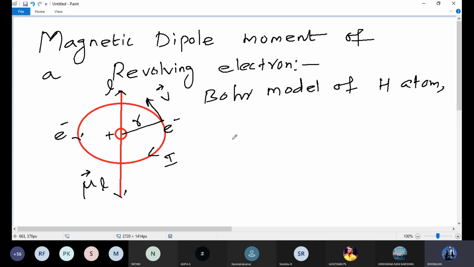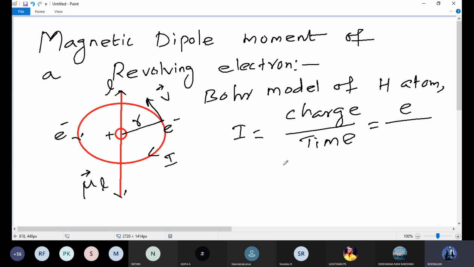Current I is equal to charge divided by time. What is the charge? That is the electron charge, e.